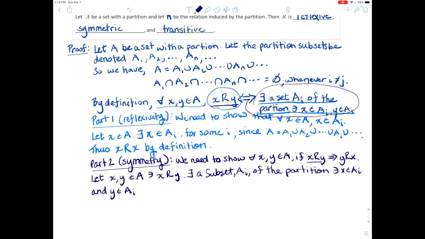And again, this is by definition because that's an if and only if in the definition.